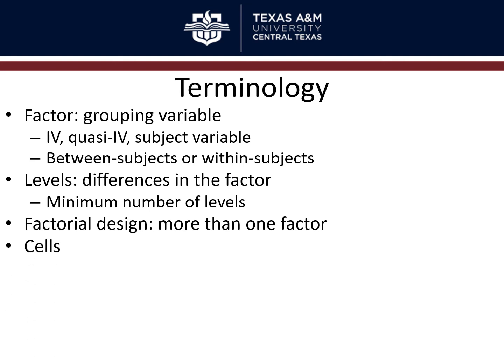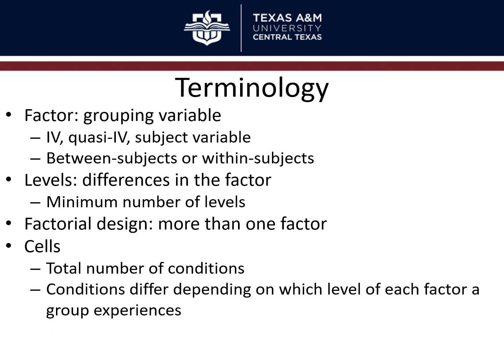Okay, so as we're thinking about these multiple factors, and each factor has multiple levels, when you have multiple factors being crossed, you end up with different cells. Cells being the total number of conditions in the study. And what condition you're in differs depending on which level of each factor a group experiences.